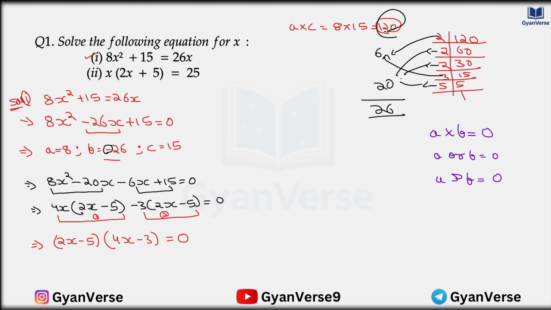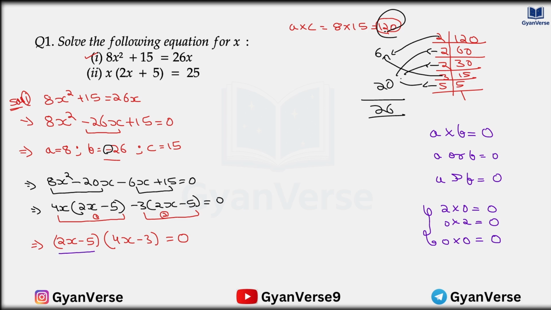For example, if I take A equals to 2 and B equals to 0, then the product will be 0. If I take A equals to 0 and B equals to 2, then also the product will be 0. And if I take A equals to 0 and B also 0, then the product again will be equal to 0.